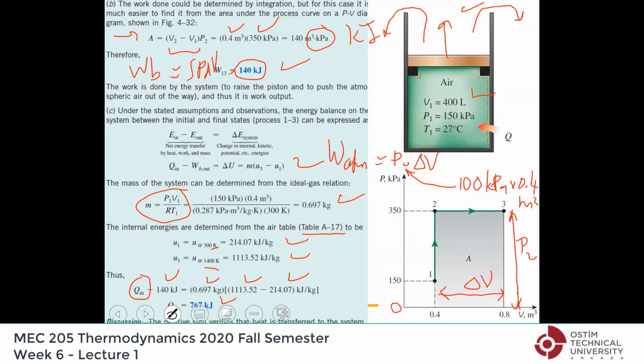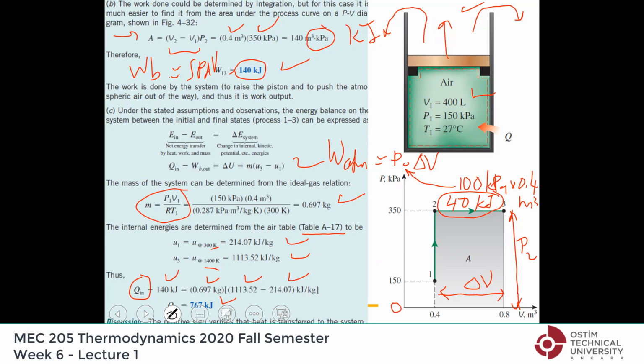So what is the result? 40 kilopascal cubic meter, which is 40 kilojoules. Which means of the 140 kilojoules, 40 kilojoules of work is done just to push the atmospheric air out. Now, what is left there? 100 kilojoules.